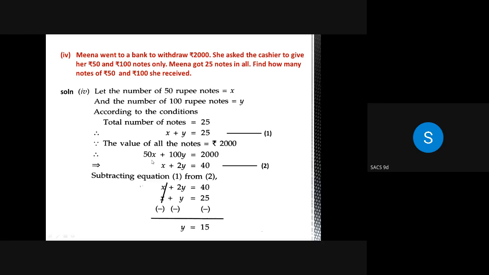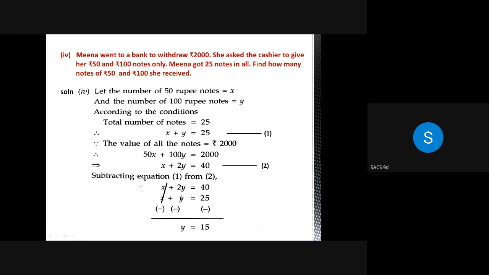Now here you can take 50 as common. 50 is common in all the three terms. So x plus 2y equal to 40. I have just simplified the equation. So wherever possible, you have to simplify the equations. Now again, x is having the same coefficient, x and x. So I will just subtract both.